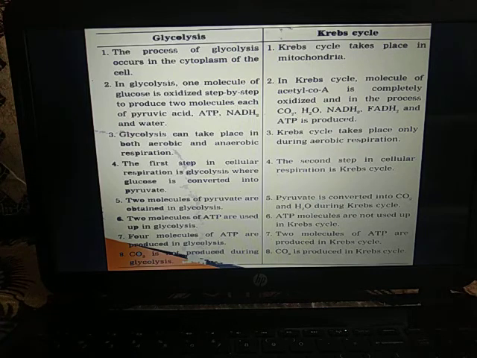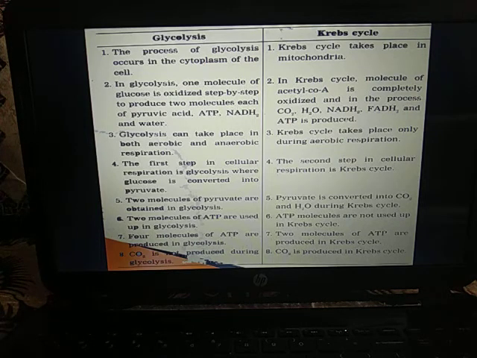The process of glycolysis is common in both aerobic and anaerobic modes of respiration. The Krebs cycle occurs only in aerobic respiration. Glycolysis degrades a molecule of glucose into 2 molecules of the organic substance pyruvate.